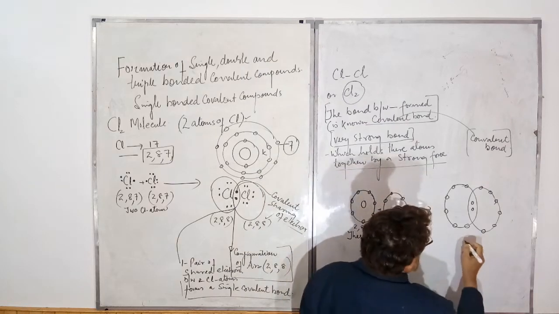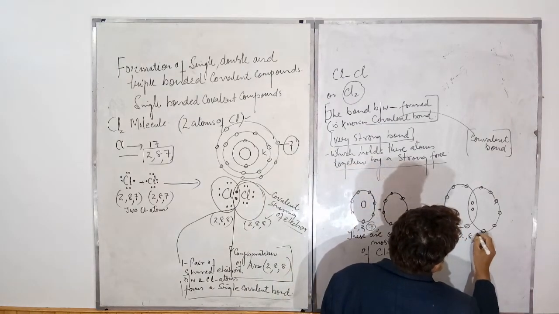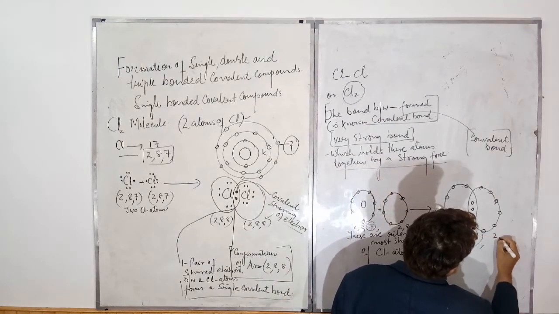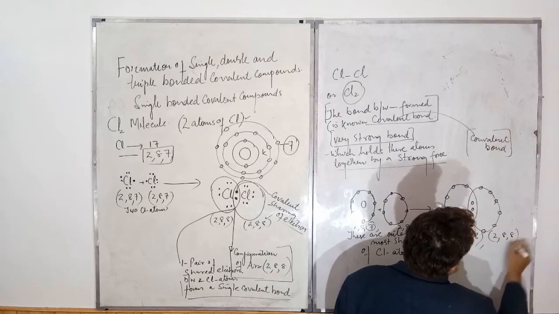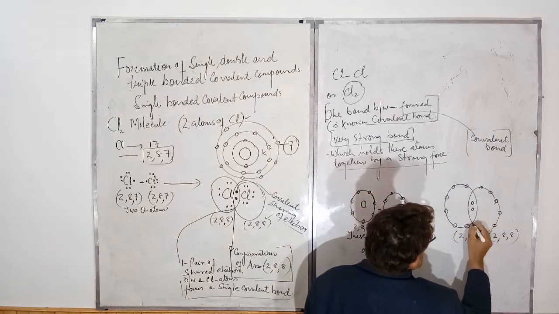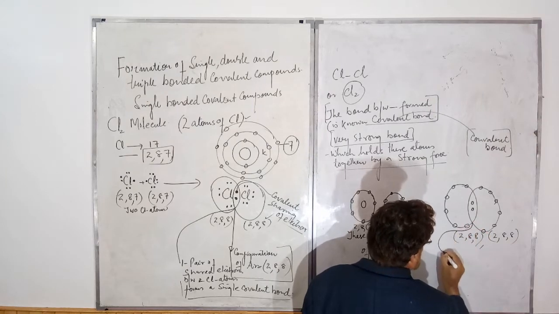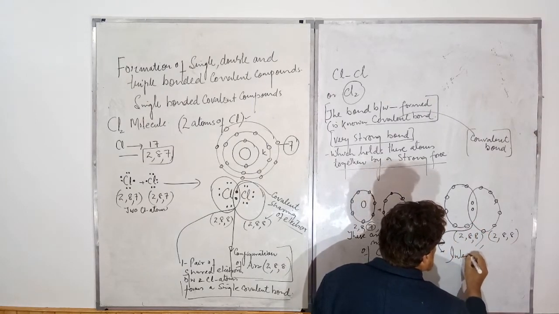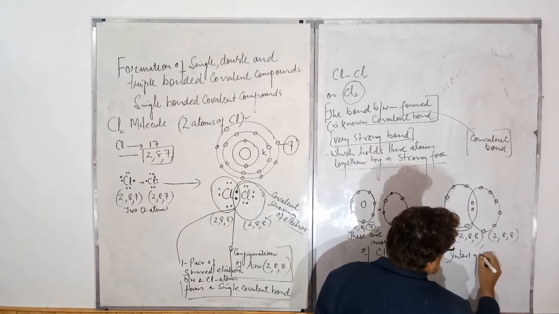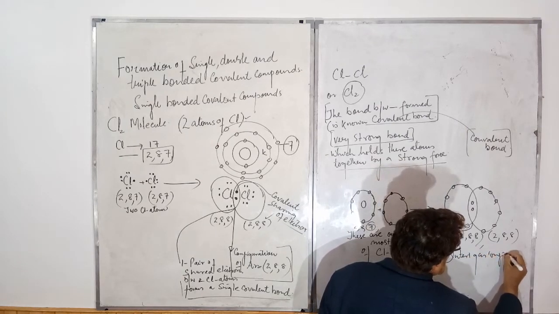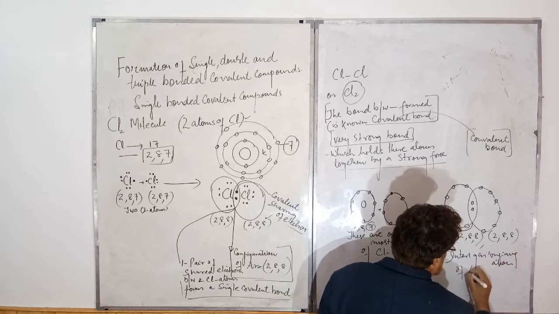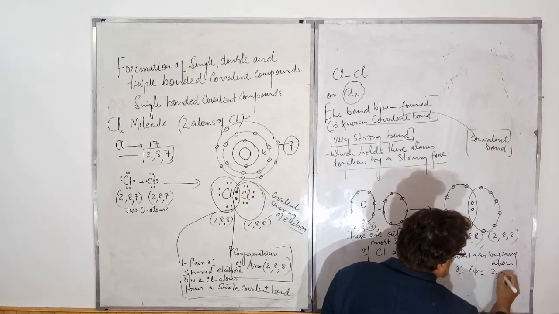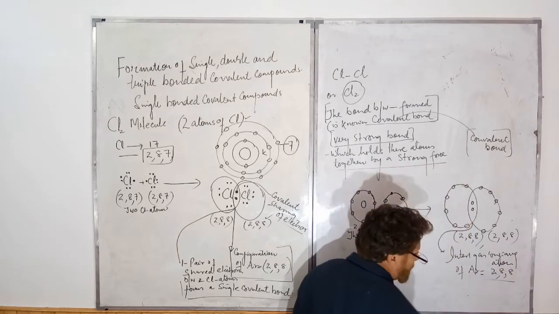Here you will see 2, 8, 8 and 2, 8, 8. And this stability resembles the inert gas configuration of argon, that is 2, 8, 8.